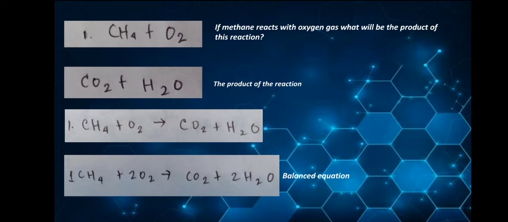Therefore, the products here will be carbon dioxide and water. So the next step is to balance the equation. As we can see, the carbon is balanced but the hydrogen is not. That's why we put 2 on the water side, and next to balance is the oxygen. We put 2 oxygen molecules, and now they are all balanced.